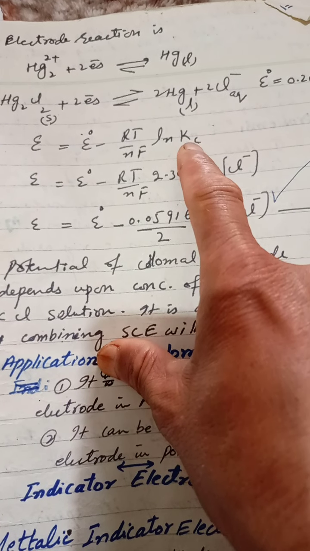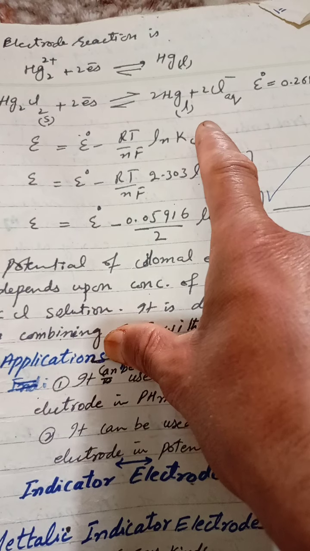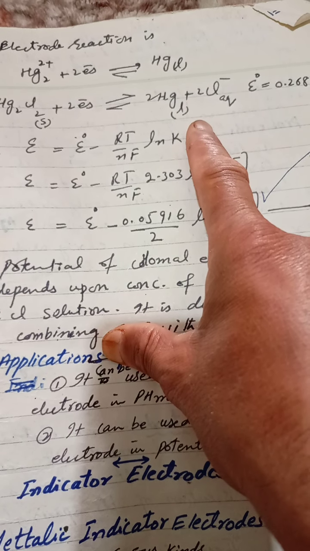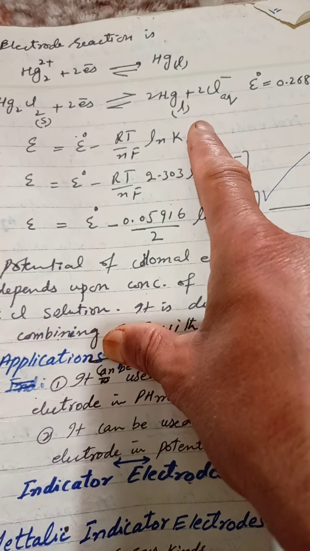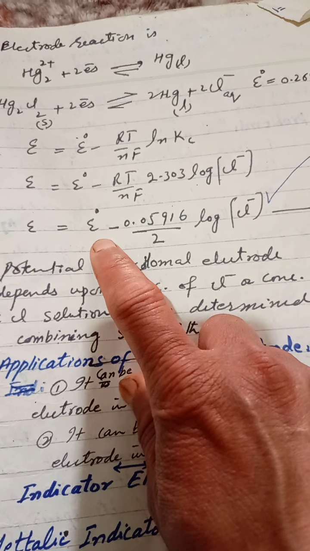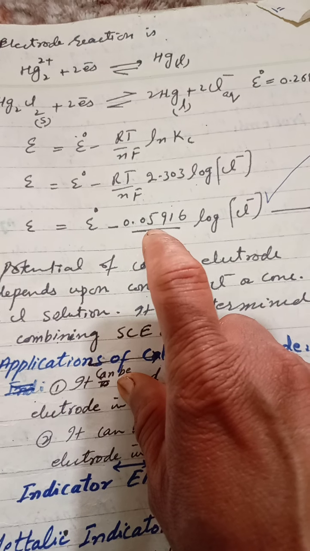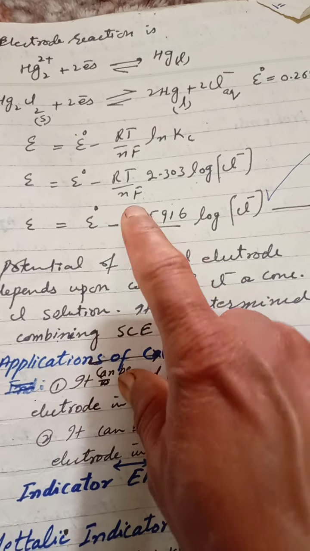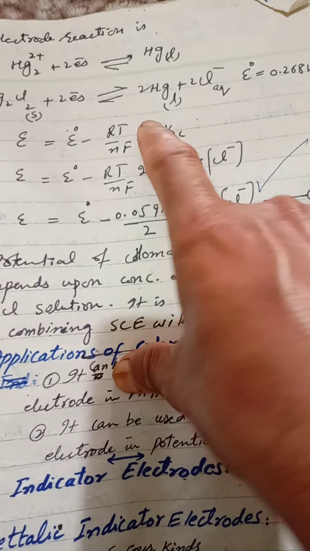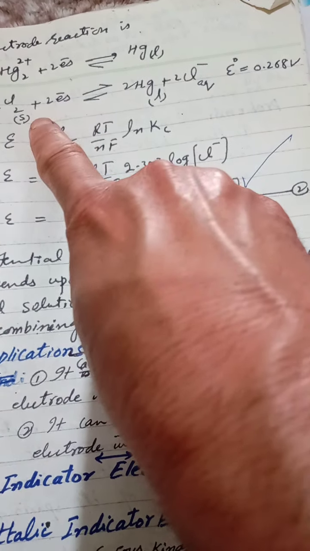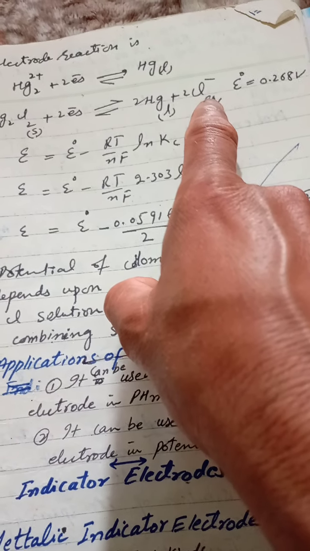Kc is the concentration of products over the concentration of reactants. Cl negative ions are the products. E is equal to E naught minus 0.05916 over 2, since 2 electrons are involved. Reduction involves the 2 electrons: Hg2Cl2 plus 2 electrons gives 2Hg plus Cl negative ions.